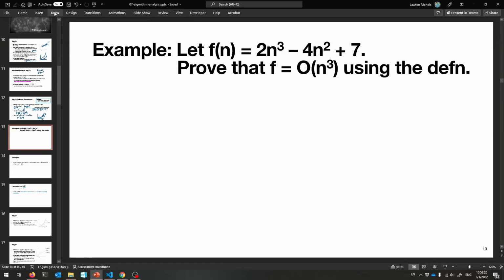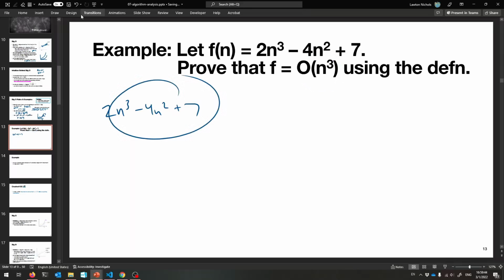And in order to find a c and an n naught, here's a good process. If you're not sure what to pick, start with the original function and let me show you how to manipulate it in a nice way. So start with 2n cubed minus 4n squared plus 7, and then we're trying to get to n cubed, kind of, but we're trying to find our constant factor, we're trying to find our n naught, all that stuff.